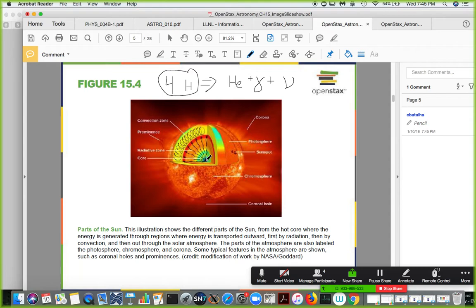The main process occurring in the sun has a name called the p chain. P stands for proton, so proton chain, and as a result, one atom of helium is formed, plus energy, plus light, and neutrinos that escape. So that is the main contribution of the solar core, the solar central part. That's where energy is produced.